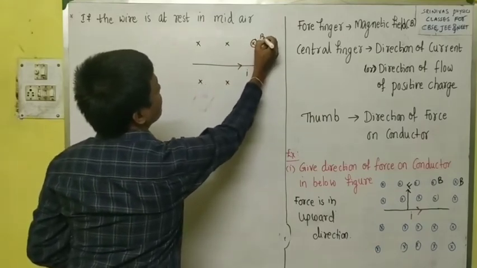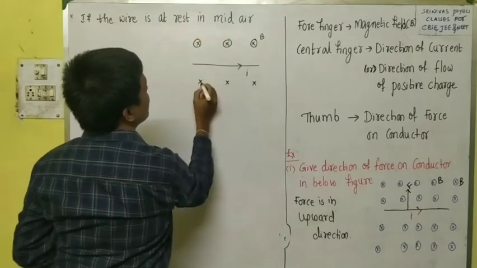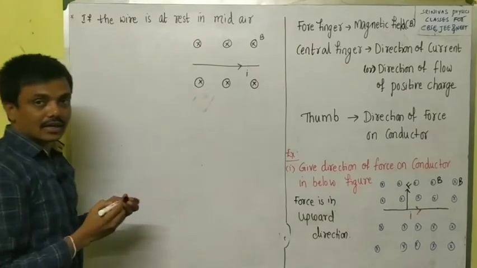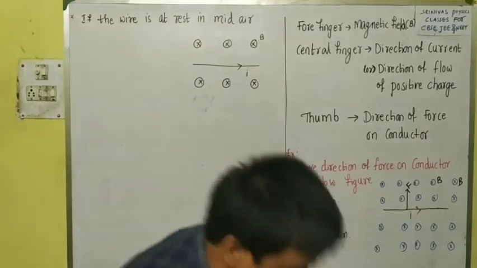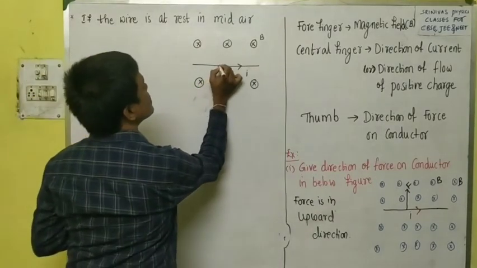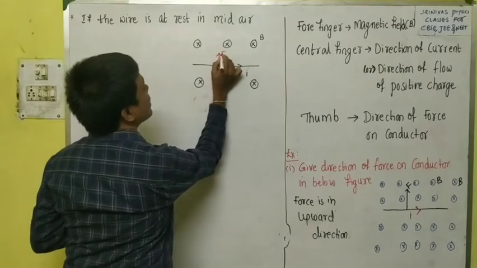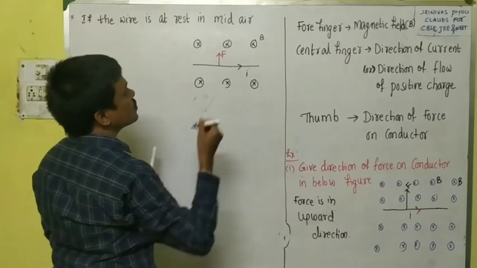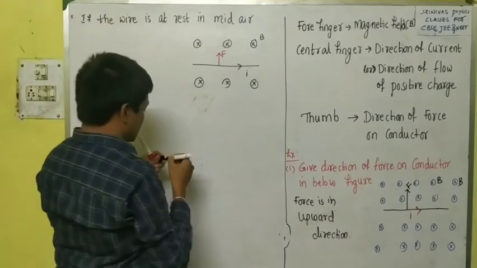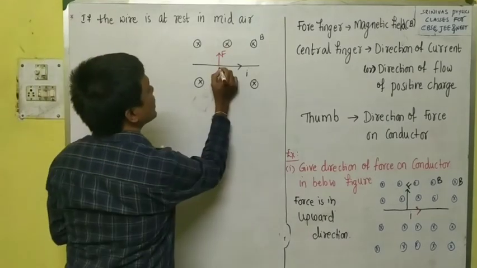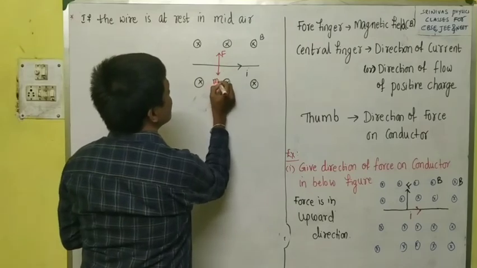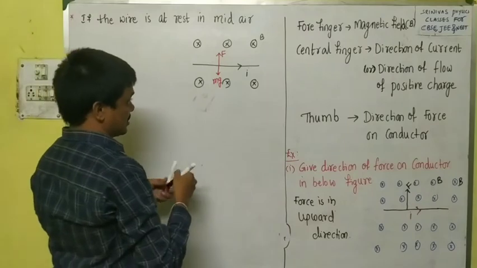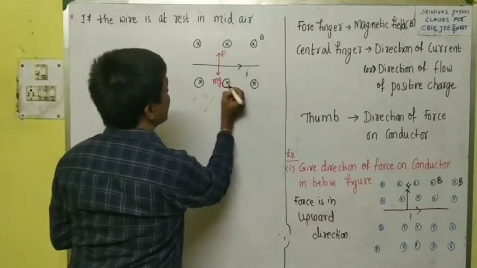At this moment a force will act on the conductor. What is the direction of the force? You know already, the force is upward. But its weight will act in the downward direction. The weight is mg. If these two are balanced, then this wire is suspended in air.